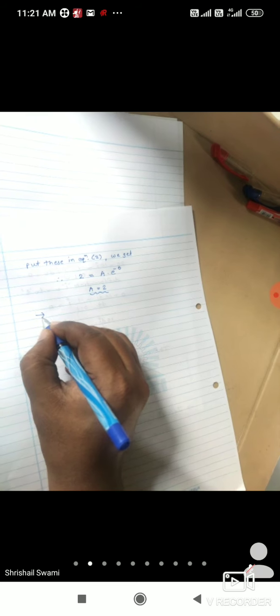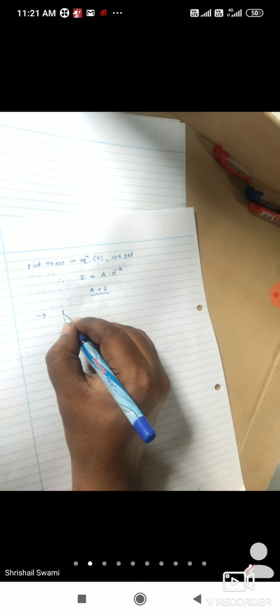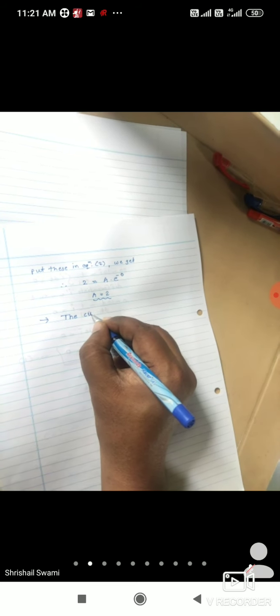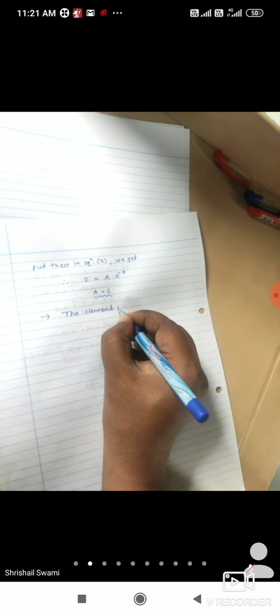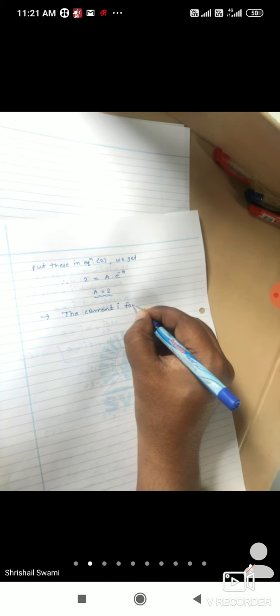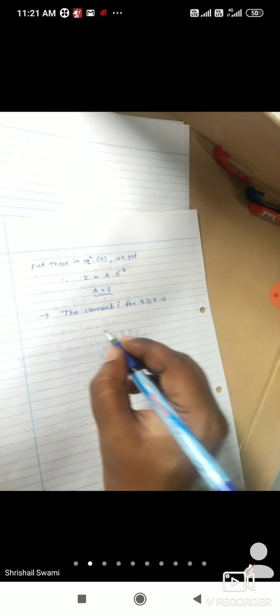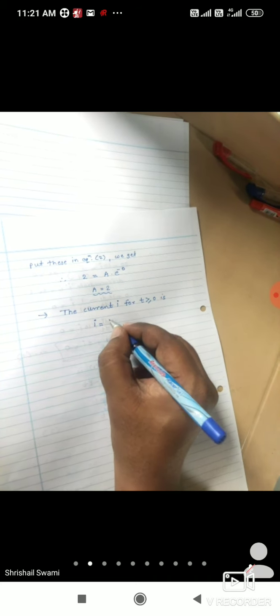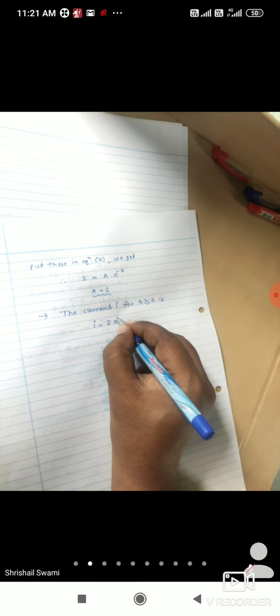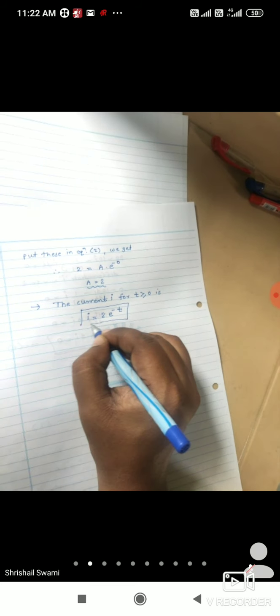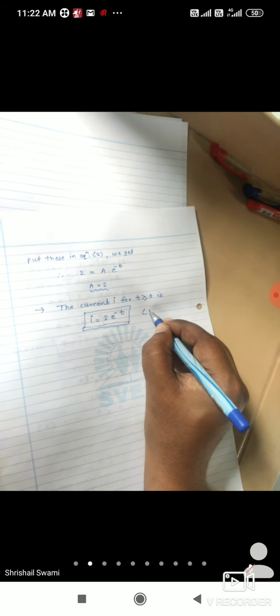So the final value of the current I for t greater than or equal to 0 is I is equal to 2 into e raised to minus t. So this is the value of current. So the unit is ampere.